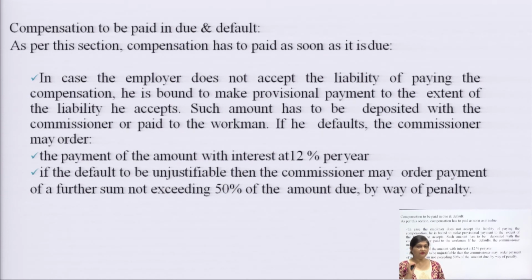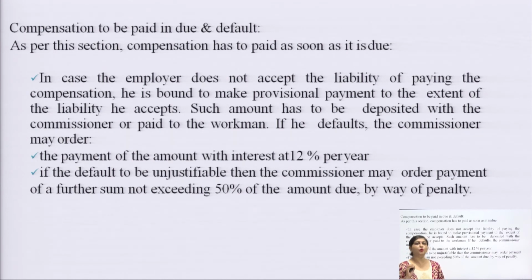If the employer defaults in making the payments, the commissioner may order the payment of the amount with interest at 12% per year. Now, see, in this case the commissioner will come into the picture and take care of all the issues related to compensation in case of any accident in the organization.